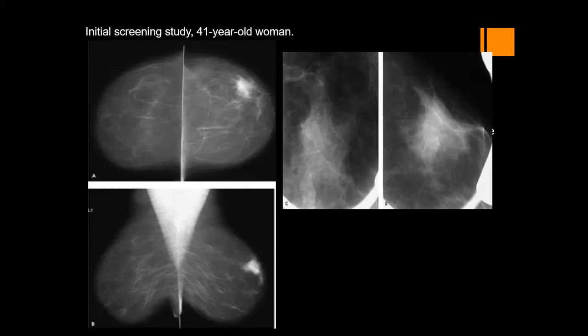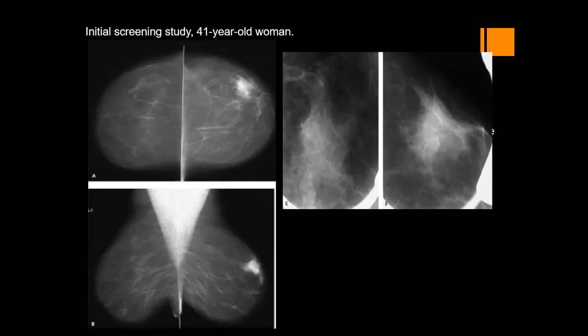And why do we say it is asymmetry, not a mass? It's lacking. It is scalloped or concave rather than convex, and it is not dense in the center. It is due to intervening fat.